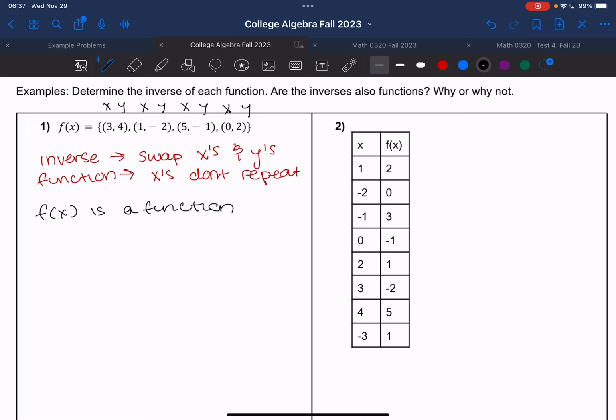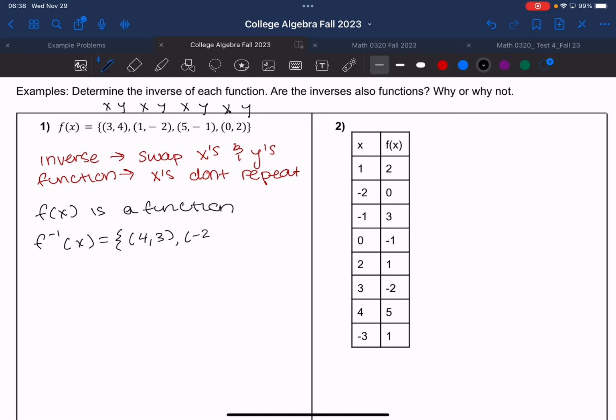Okay. Now let's find the inverse. So the inverse is f inverse of x. That's how we write the inverse. And how we're going to do that is we're just going to swap these points and put the y value first. So instead of 3, 4, our first one's going to be what? 4, 3. And then instead of 1, -2, it's going to be -2, 1.